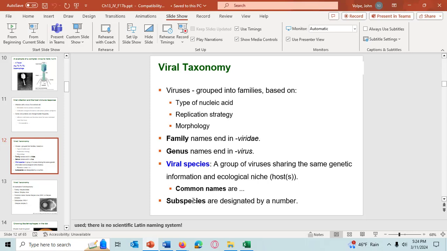So one subspecies is used as the vaccine to prevent polio, and the other subspecies causes the disease polio. Any questions about how important the subspecies is to viruses?